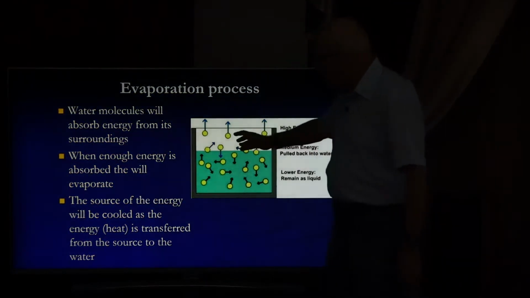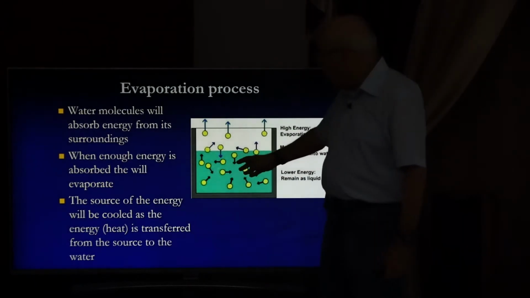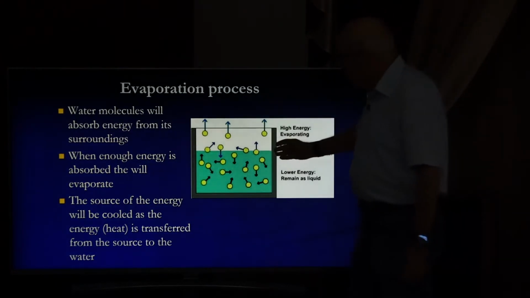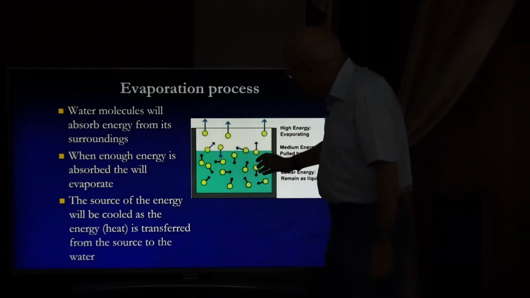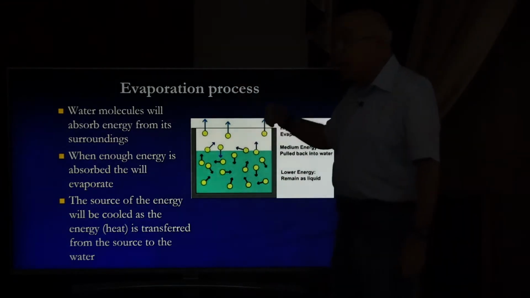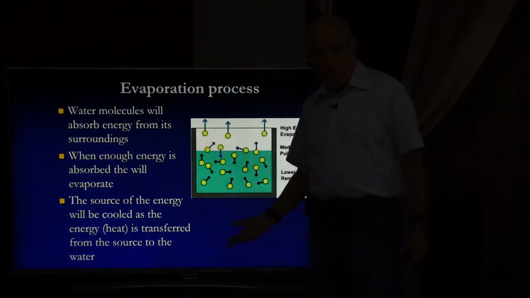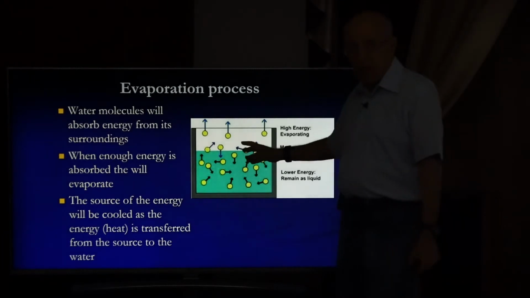Well, this is some water, and the yellow circles are water particles, molecules, and they escape from the liquid over here into the air, changing phase from liquid into gas. That phase change requires energy.